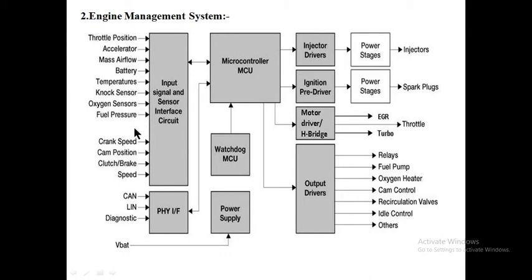All these are the inputs, and here we have outputs in the form of power relays, fuel pump, oxygen heater, cam control, recirculating valves, idle control and others. All these outputs are controlled by the Mechatronics system. So this engine management system is again an example of a Mechatronics system.